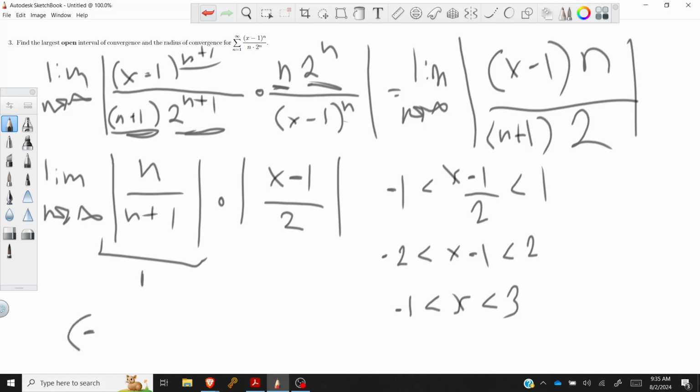This means our interval of convergence is -1 to 3. And our radius is going to be equal to 2.